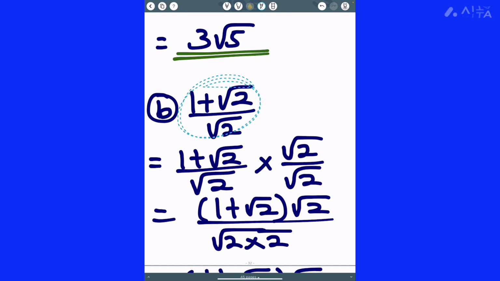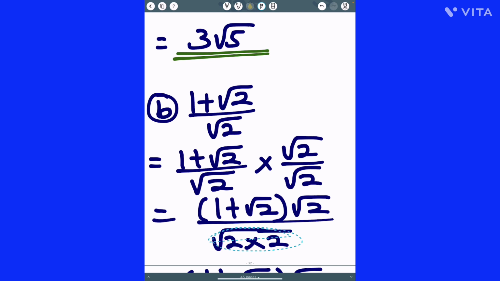Next question is 1 plus root 2 all over root 2. We rationalize by multiplying both the numerator and denominator by root 2. So, put together, this will give this times this like this: 1 plus root 2 times root 2, then root 2 times root 2.